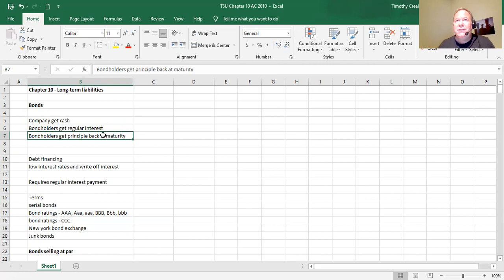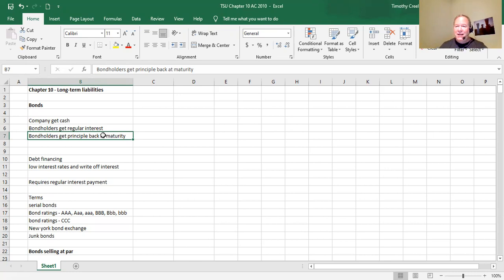Maturity is whenever the bonds expire. If you've got a 5-year bond, you're going to make regular interest payments to the bondholders, either once a year or twice a year over the life of the bond. And then at the end of 5 years, the principal or face value of the bonds will be paid back to the bondholders.